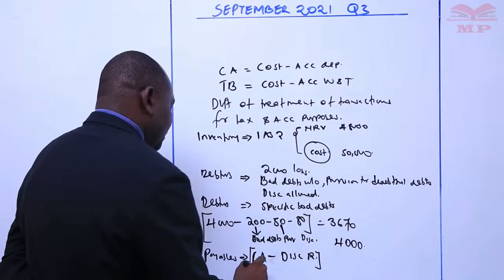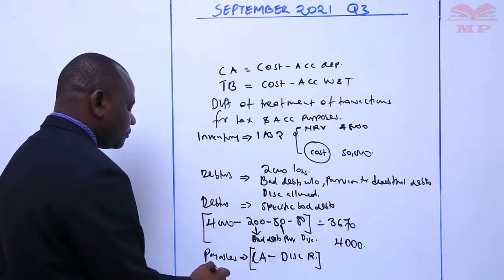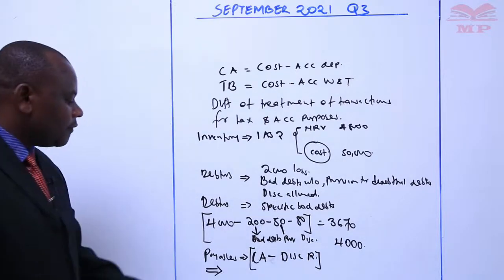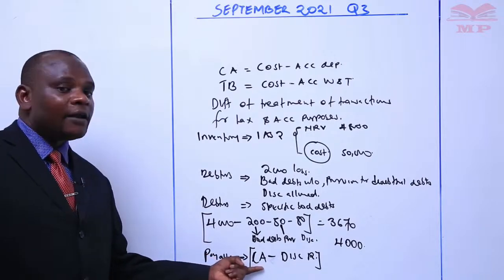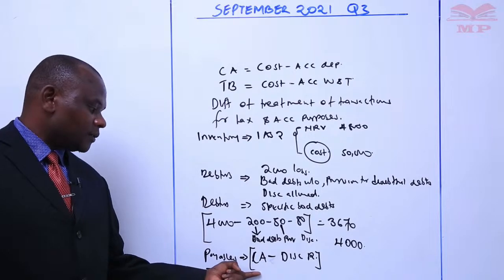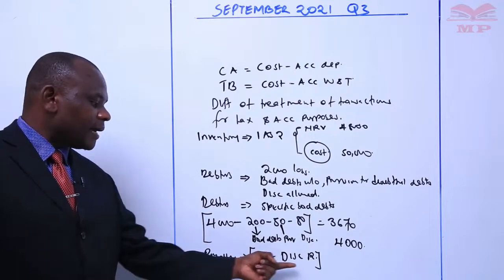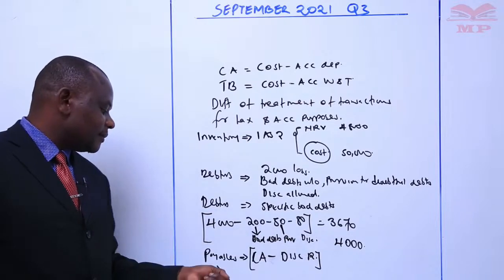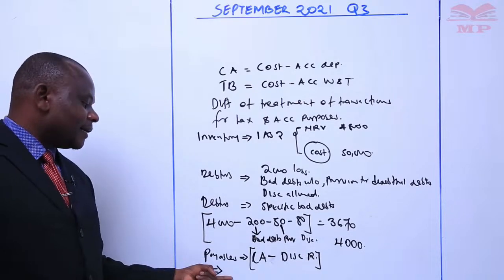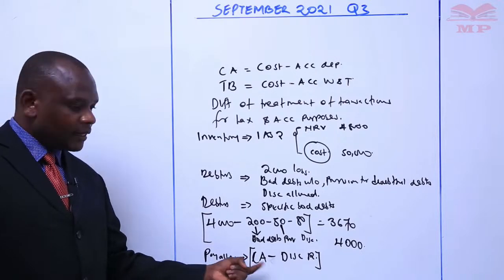But the taxman will value the payables at the value which is the carrying amount. So you see here, the accountant has understated the liability. The taxman is saying that that liability should be valued at the carrying amount.